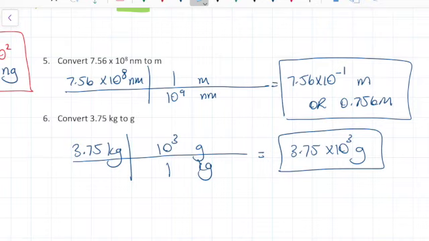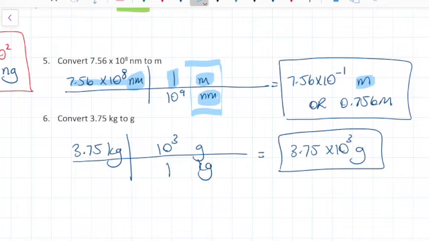In the first one, this was our given. This is where we were going. I had nanometers here, so I put nanometers here. I was headed to meters, so I put meters there. Then I had to write a conversion factor. Well, my big one out of meter and nanometer is meter, so meter got the 1.